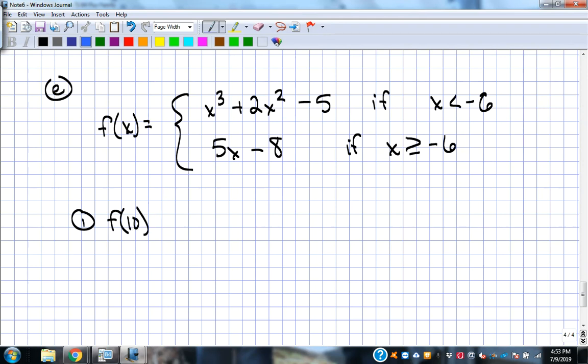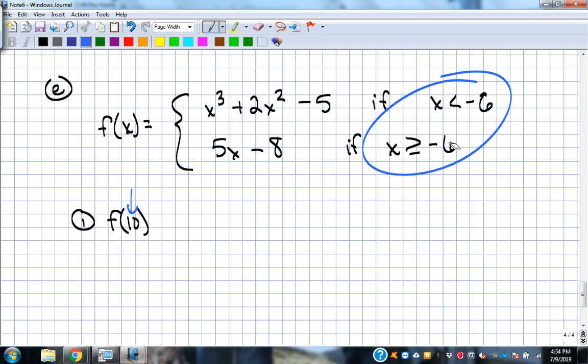The key to this is to look at that number and decide which piece does it go into. And the way you decide is using these inequalities out here. Is positive 10 less than negative 6? No, definitely not. Is positive 10 greater than or equal to negative 6? It's greater than that, right?